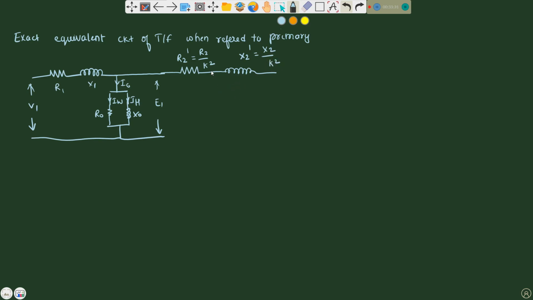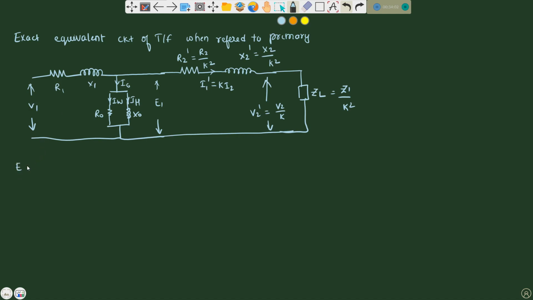So here I1 dash equals K times I2. This K is always less than 1. So here V2 dash will be V2 divided by K. So load impedance, that is ZL equals Z1 divided by K square when the exact equivalent circuit is considered with or referred to primary.